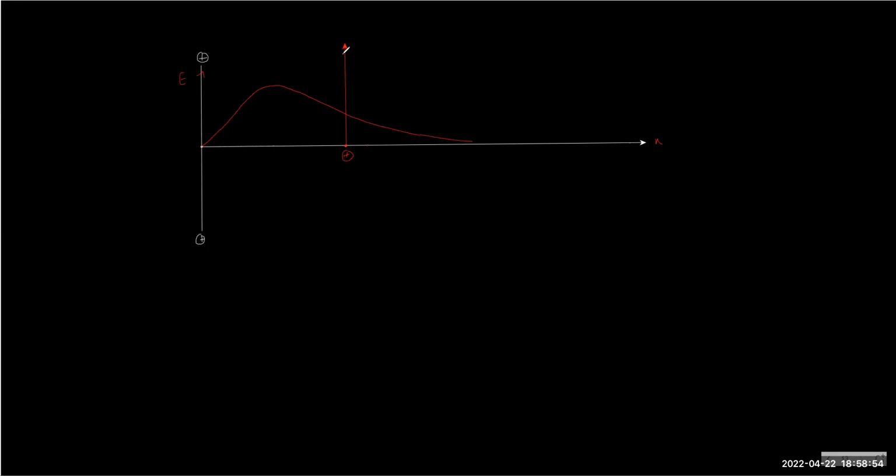But as you go away, it will decrease. Sir, the blue is for the third charge? Yeah, we're doing it separately. So it is something like this.